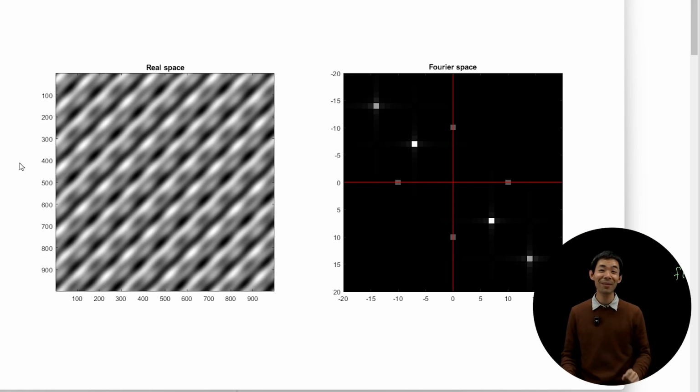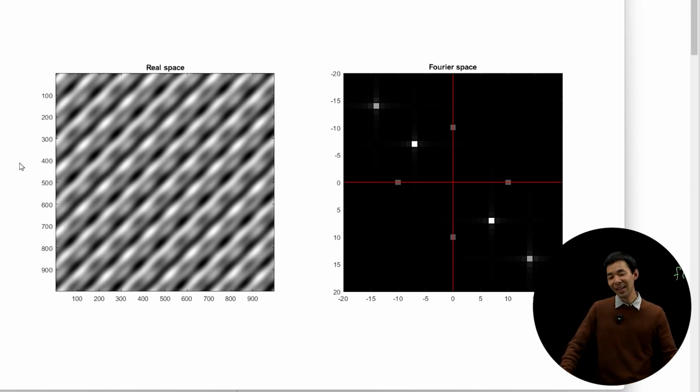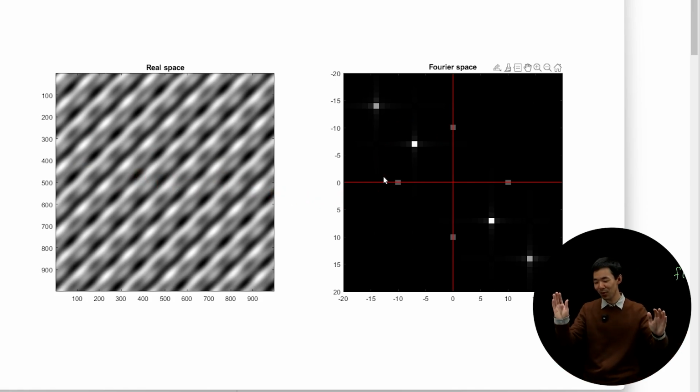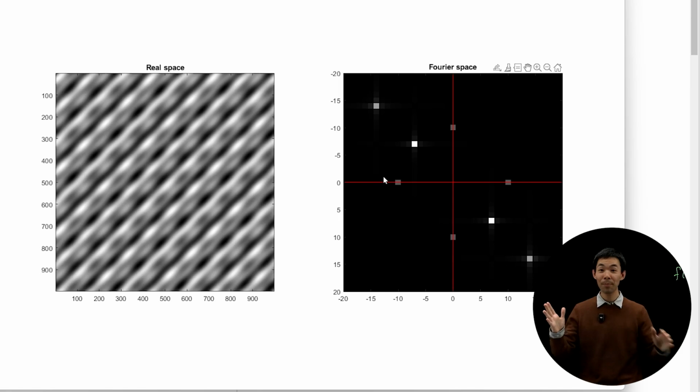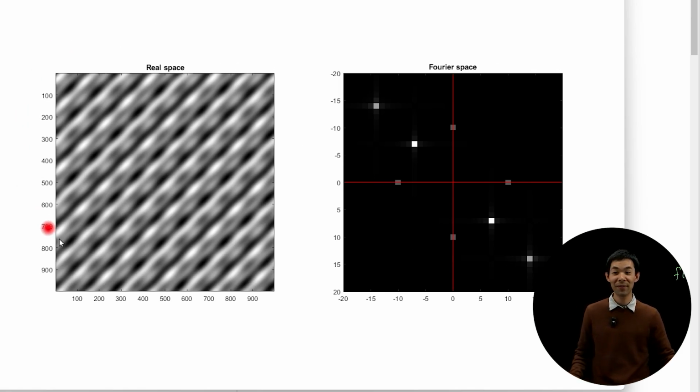It's starting to really look like a picture. But as complicated as this might look, it turns out that in the Fourier space, it's only 4 dots. I just need to memorize 4 dots, their amplitude, and their location, and I can reproduce this super complicated image over on the left-hand side.